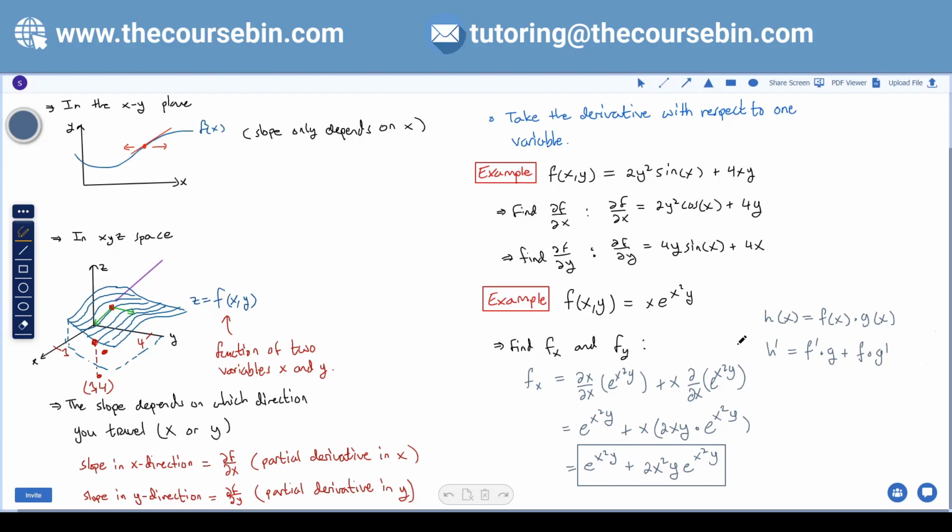So then how did you get 2xy? Because the derivative of the exponent is 2x times y, according to the chain rule for exponentials. The y is what's confusing. So if you were to write it down, it would be 2x times that y on the side, and then times the e.